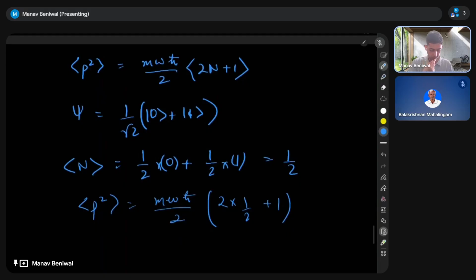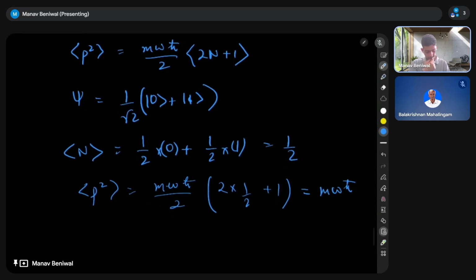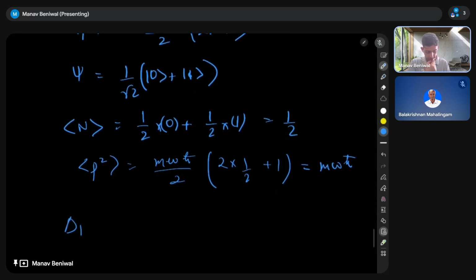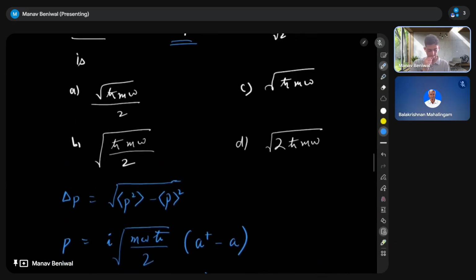So this is simply 2, so this is simply m omega h cut. And finally, we can write our delta p, which we defined earlier, as this thing. This will then be nothing but m omega h cut. So option C.